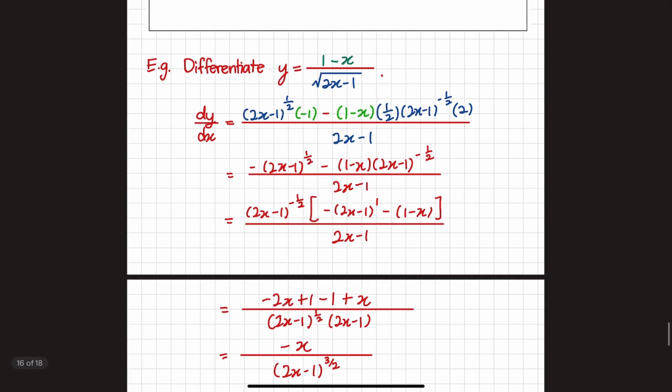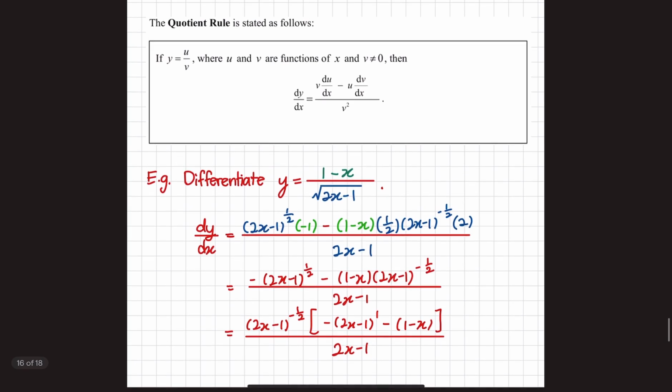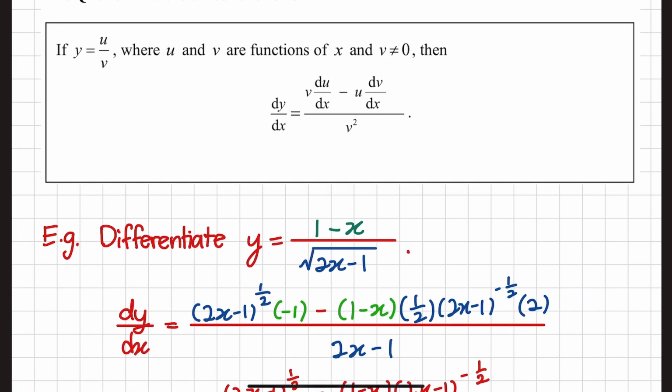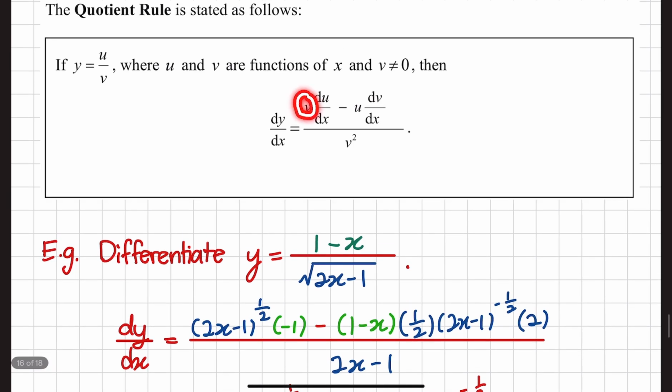I hope that this video helps you to visualize what exactly is the quotient rule. Quotient rule means that, most importantly, first denominator times differentiate numerator, minus away, remember this is a minus, different from your product rule, minus away, keep numerator times differentiate denominator.